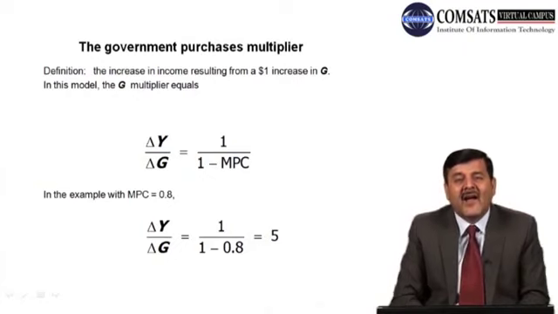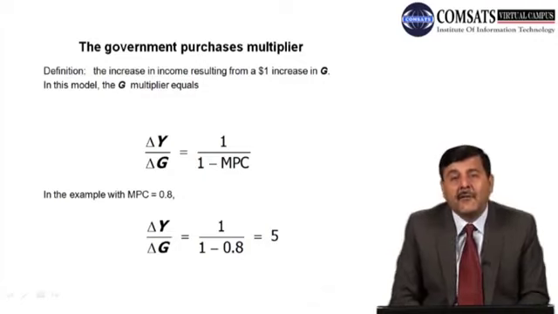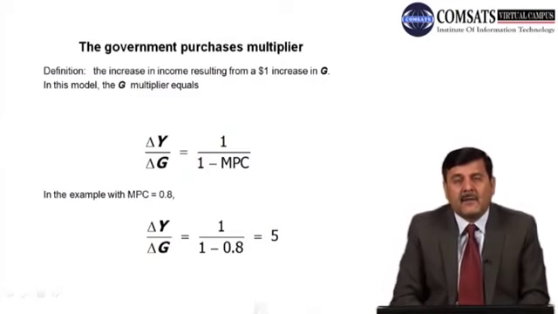If we suppose that MPC is equal to 0.8, then the government purchase multiplier, delta Y over delta G, is equal to 5. So if government purchases go up by $1, income will go up by $5.